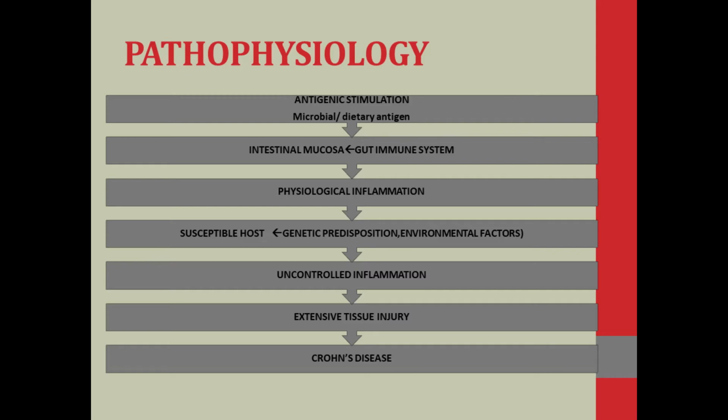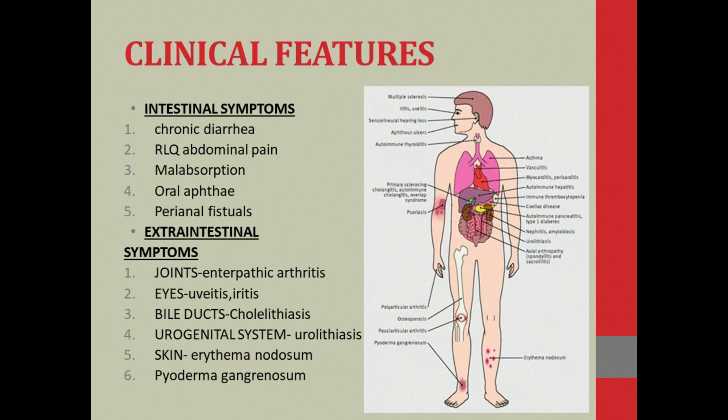In the case of a susceptible host, a susceptible host can be any person who has a genetic predisposition or is exposed to effects of environmental factors. In such a person, there will be an uncontrolled inflammation, which will lead to extensive tissue injury, and then lead to Crohn's disease.